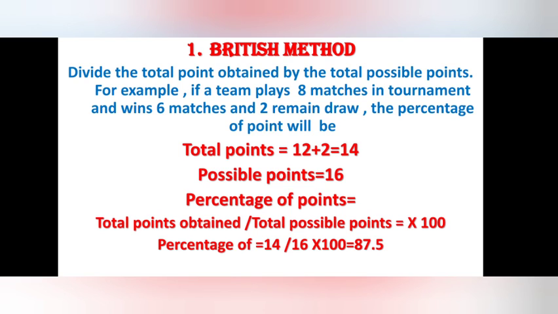This is the percentage of chances of a team being the winner. Okay class, this is the British method to know the winning team. Next, let's move to the next page.